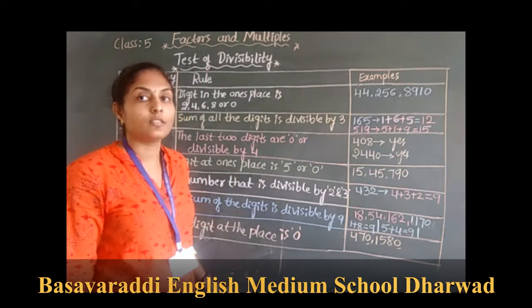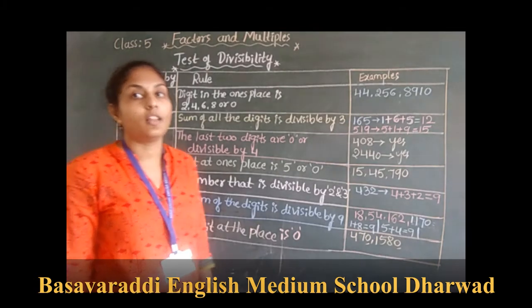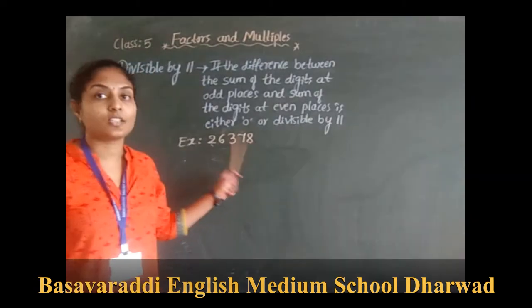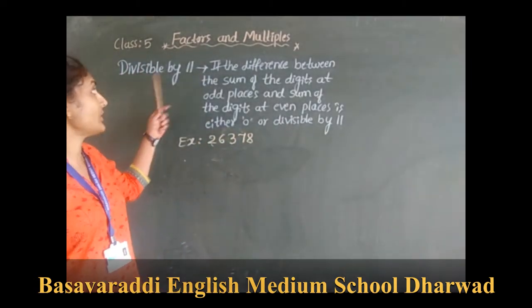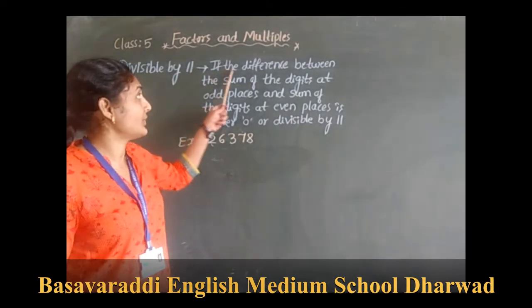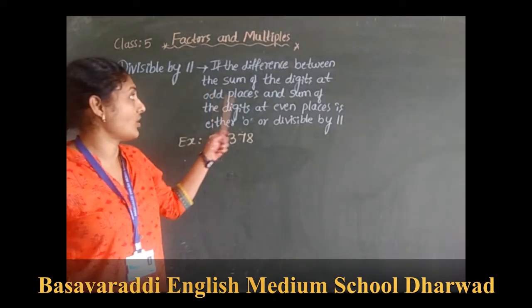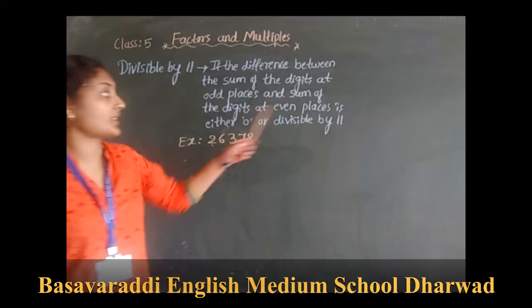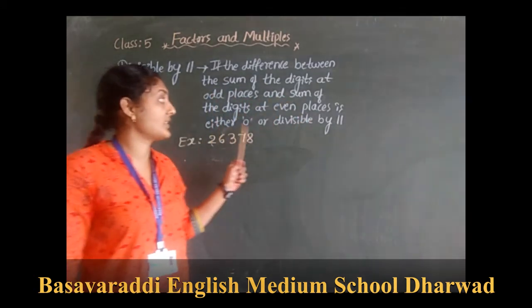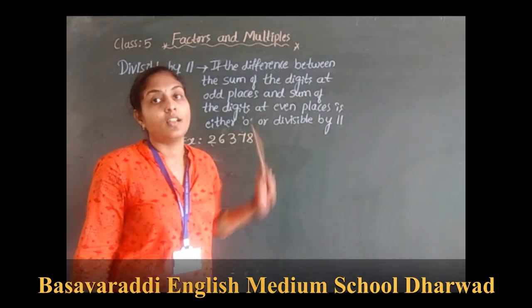Finally, one more rule there, that is divisibility by 11. Yes, before the exercise, one more rule: divisible by 11. If the difference between the sum of the digits at odd places and the sum of the digits at even places is either 0 or divisible by 11.